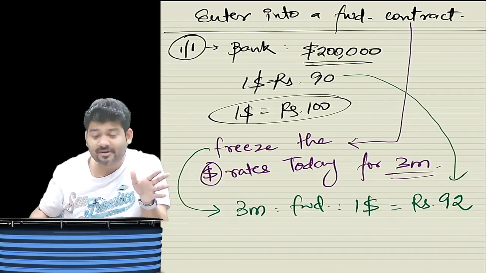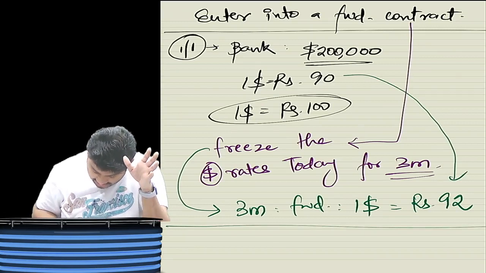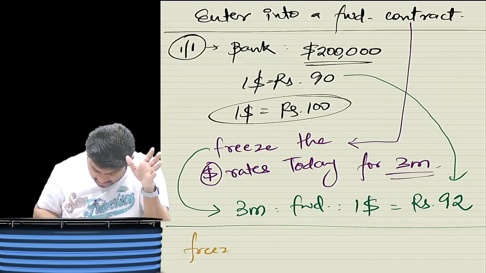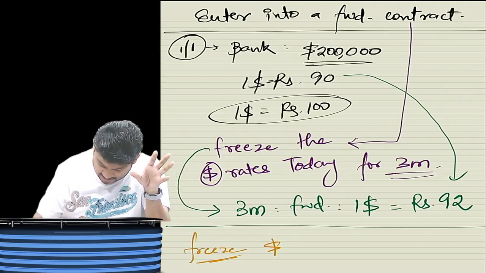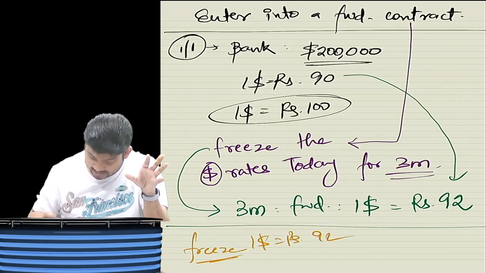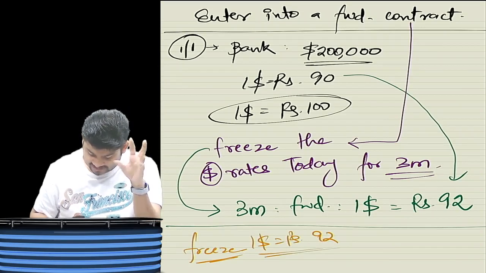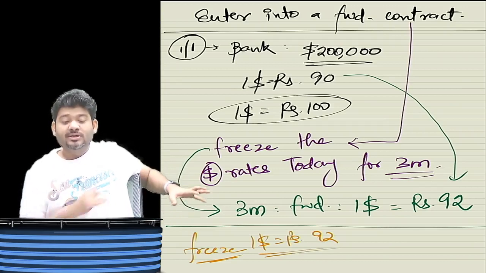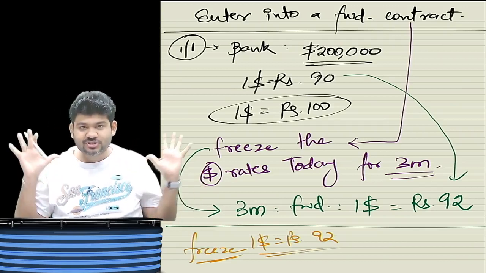"Yes, yes, for sure." Okay, so they freeze the dollar contract. Rupees 92 per dollar, so $1 equal to rupees 92. And with this, the whole thing was freezed, game closed.